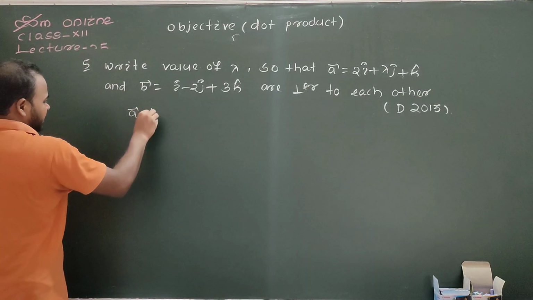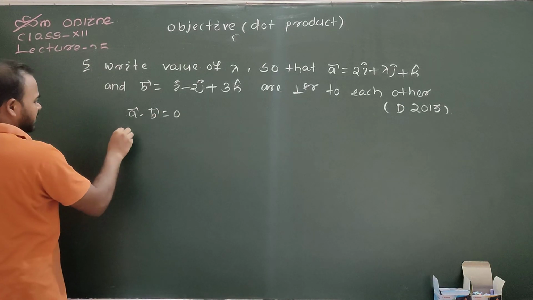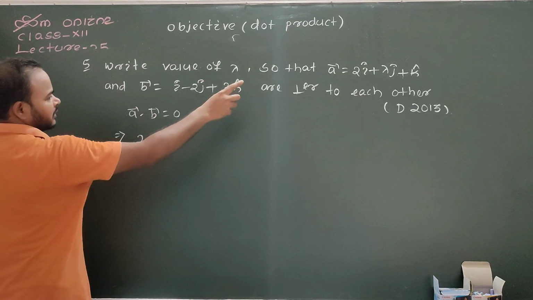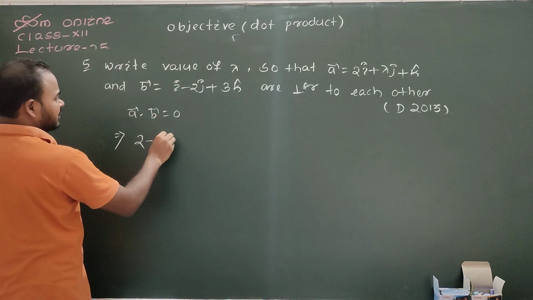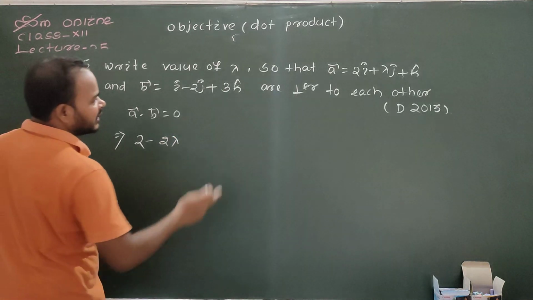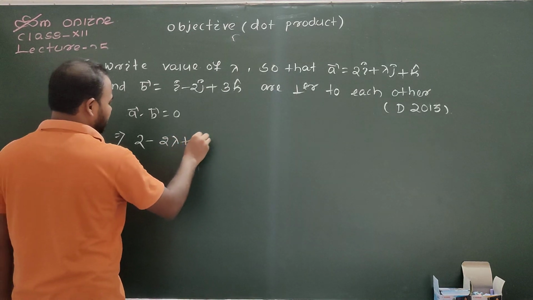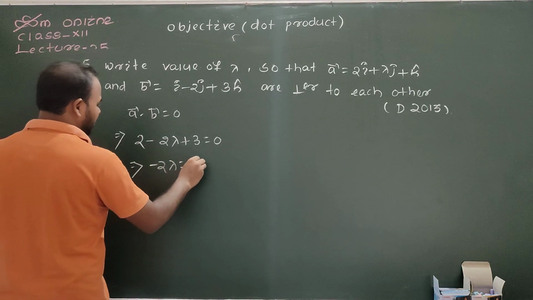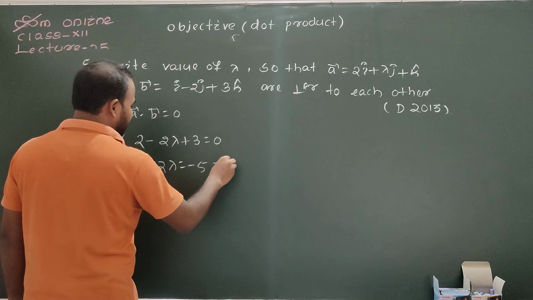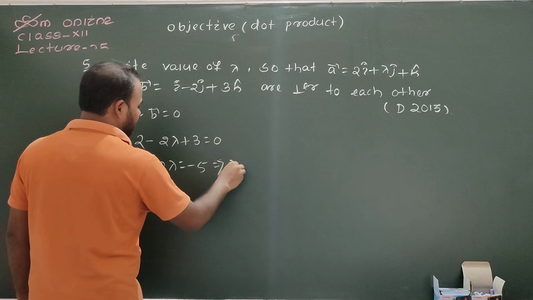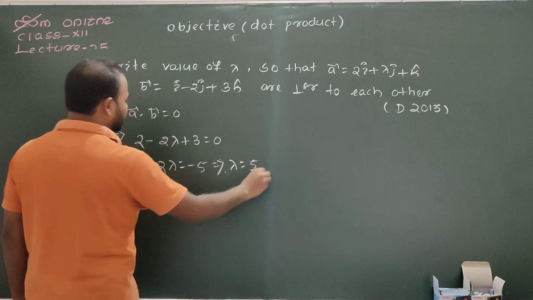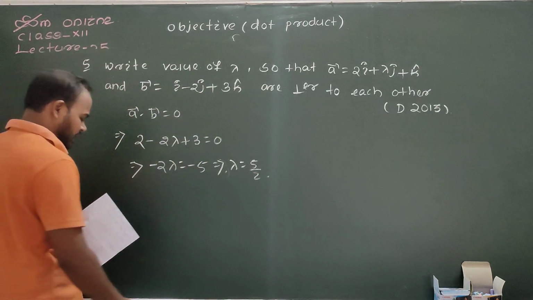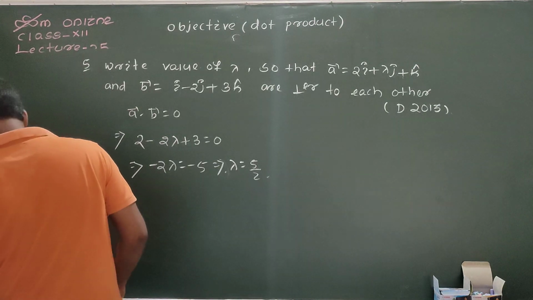So vector A dot vector B equals 0, which implies 2 into 1, that is 2, plus lambda into minus 2, that is minus 2 lambda, plus 3 into 1, that is plus 3, equal to 0. So 5 minus 2 lambda equals 0, which implies minus 2 lambda equals minus 5, so lambda equals 5 upon 2. So the answer is 5 upon 2. Now move to question number 6.